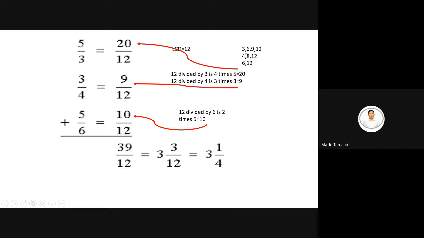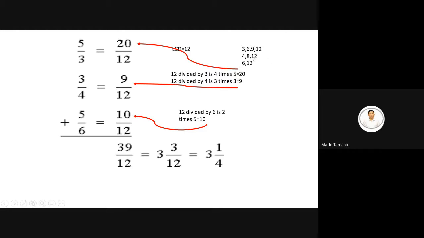So, ganito po. Multiples of 3: 3, 6, 9, 12, 15, 18, and so on. Hahanapin nyo po yung lumabas na numbers na pare-pareho sila, yung unang-unang lumabas mula sa tatlo.